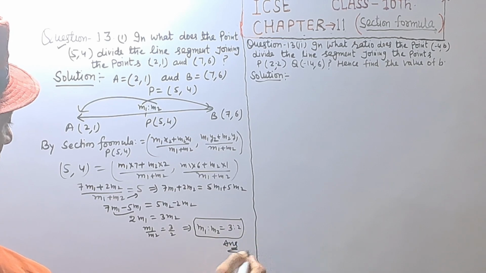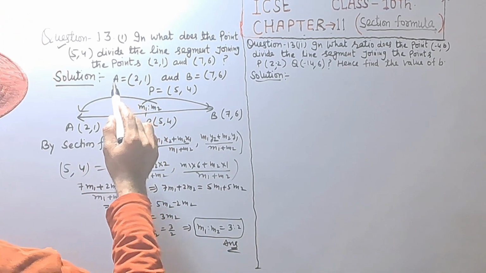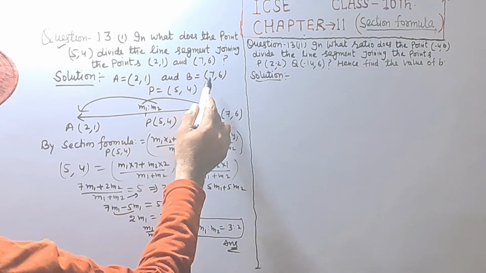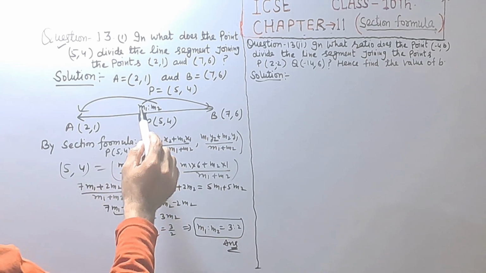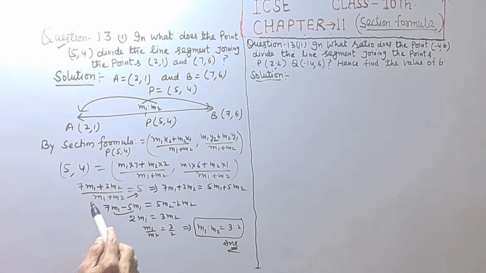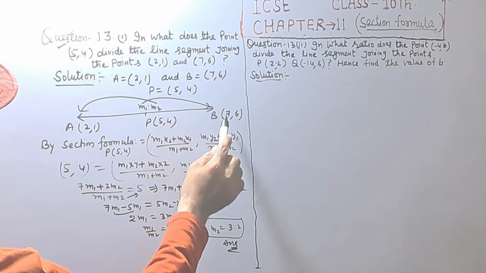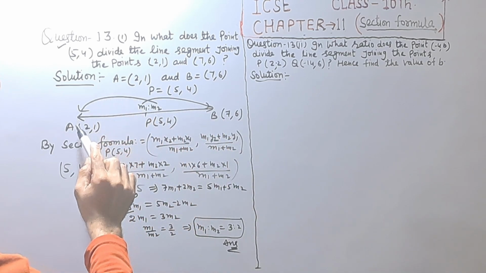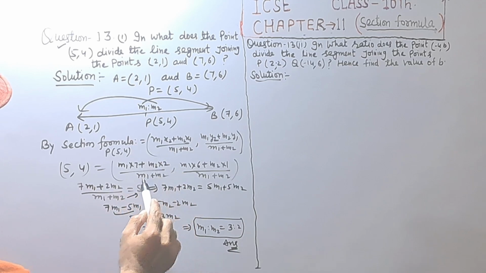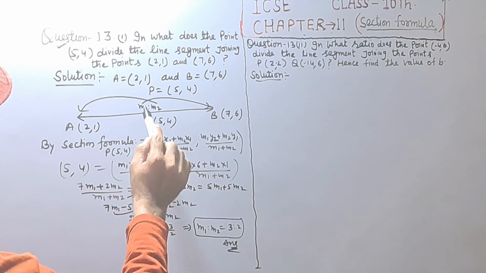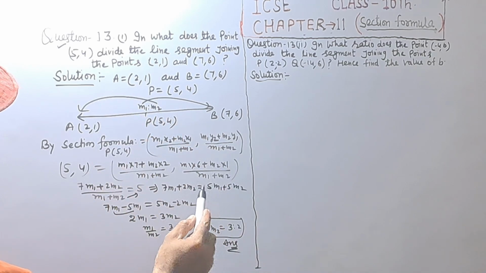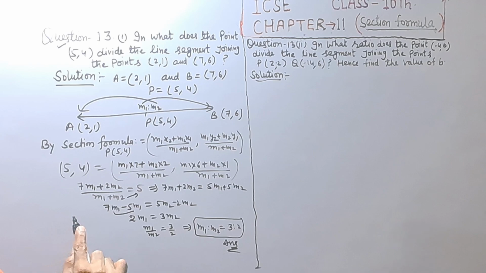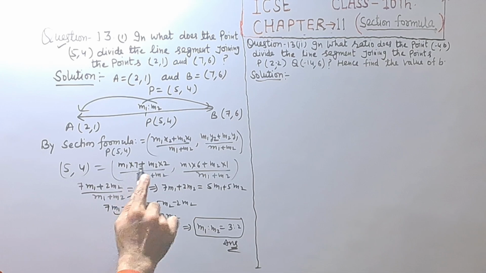Answer. Given A is (2, 1), B is (7, 6), point P is equal to (5, 4). And let the ratio be M1 ratio M2. By section formula, (M1 multiplied by 7 plus M2 multiplied by 2) divided by (M1 plus M2), comma, (M1 multiplied by 6 plus M2 multiplied by 1) divided by (M1 plus M2). First point is equal to 5, and we find the ratio: 7M1 plus 2M2 upon M1 plus M2 equal to 5.